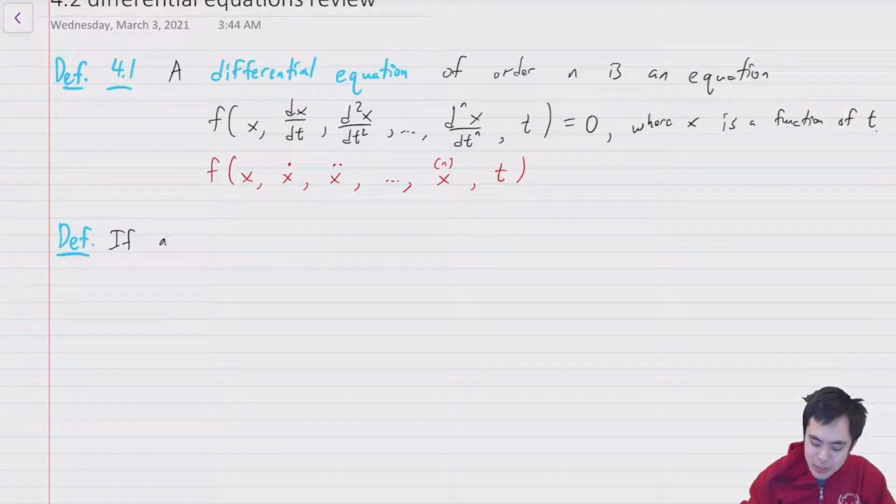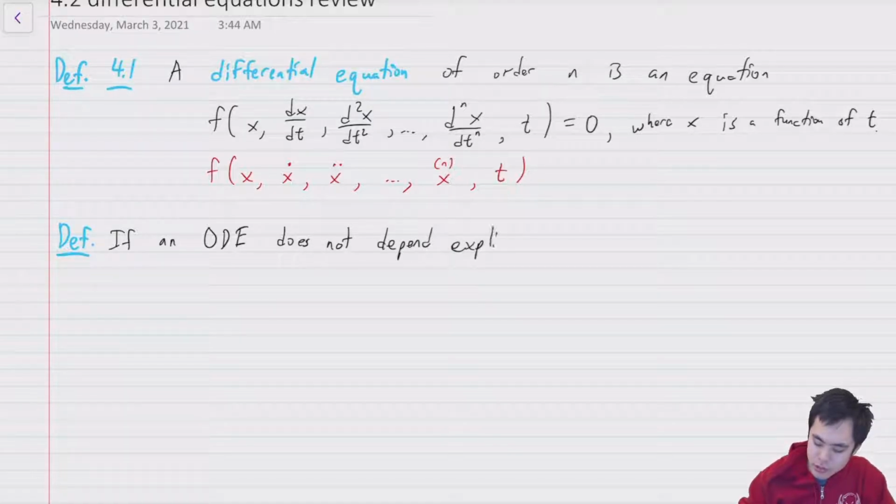these concepts again formally. So if an ODE, so ordinary differential equation, does not depend explicitly on time, then we call it autonomous. So same as with difference equations.